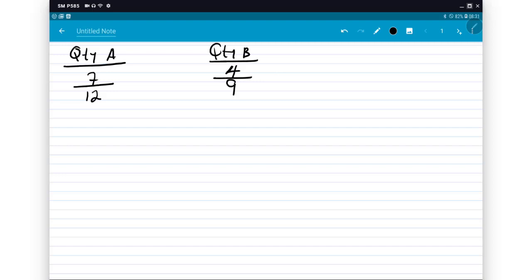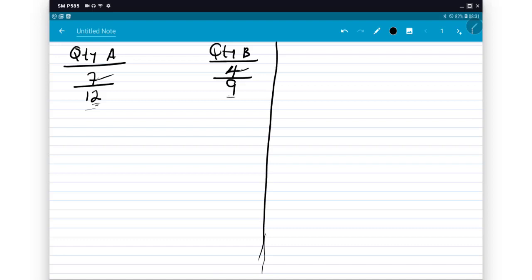Okay, so now if you want to compare these two fractions, we can apply one of those two points. Either we can make the two denominators equal and then compare the numerators, or we can make the numerators equal and compare the denominators. So anyone will help you to compare these two fractions.